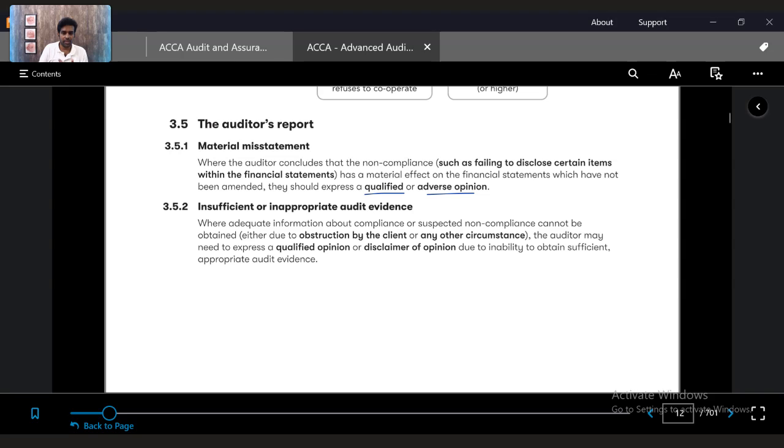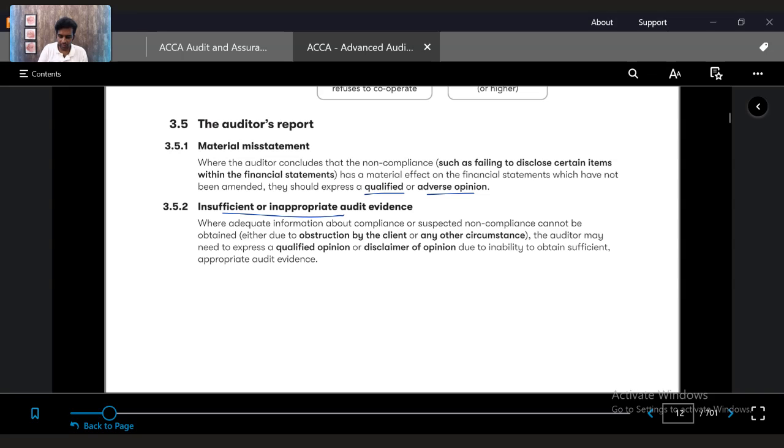If it is a material misstatement, definitely you will express a qualified opinion. You will issue an adverse opinion when it is material as well as pervasive. But what if you don't have any evidence? There are certain transactions that go to the government, or someone, and you asked for evidence like what is this transaction for?